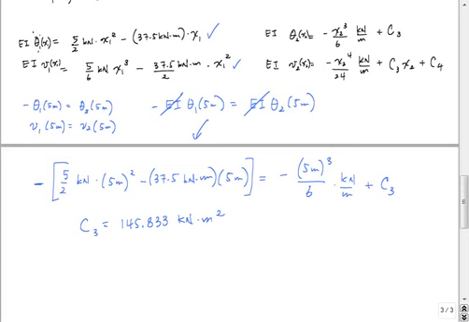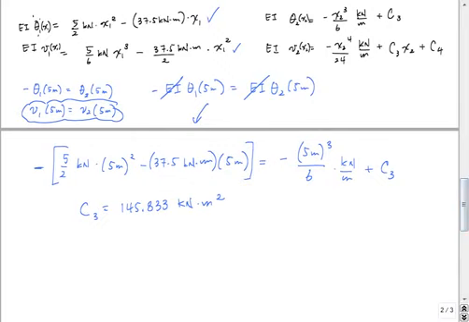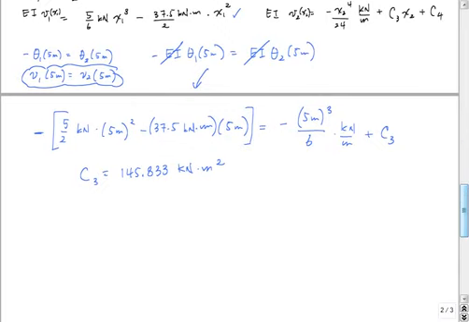Now I can go to the next relationship and apply this boundary condition. Let me use black again for that last boundary condition. Again, check this out: EI V1 of x1 is equal to EI V2 of x2, and so these EIs just cancel. Here I've got to put the 5 meters in.